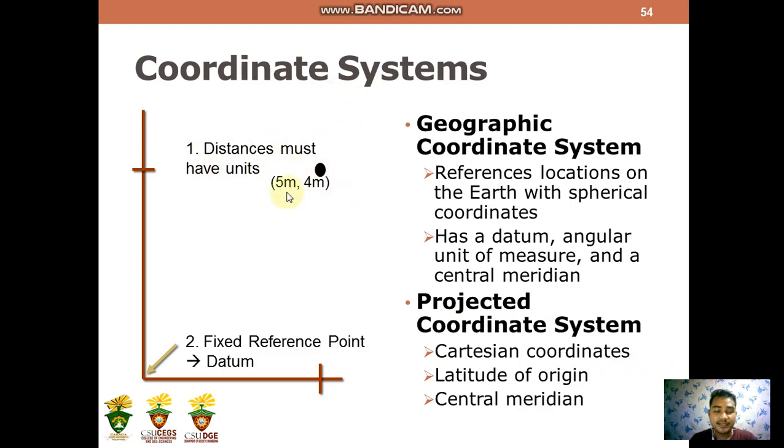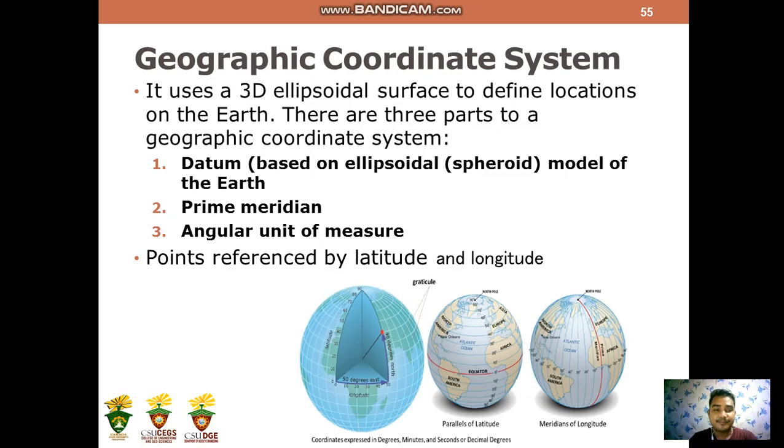Distances must have units, for example 5 meters and 4 meters. It also has a latitude of origin and a central meridian. That is for the projected coordinate system.